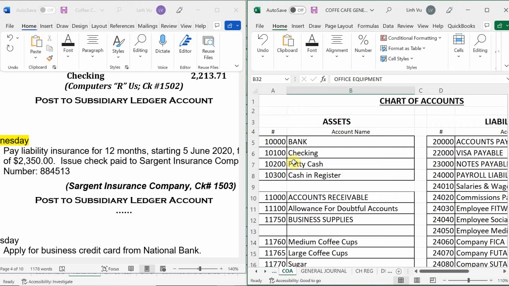So, would it be insurance expense? It would be insurance expense.